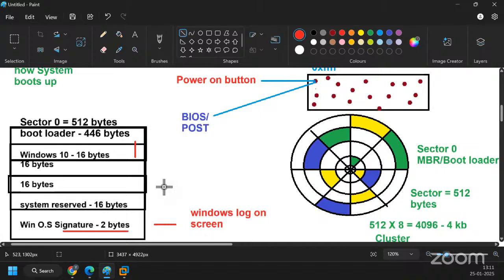But nowadays, instead of the BIOS, we have UEFI, the Unified Extensible Firmware Interface. And along with that, we are not using the MBR because in the MBR, we are only able to create 4 primary partitions, right?